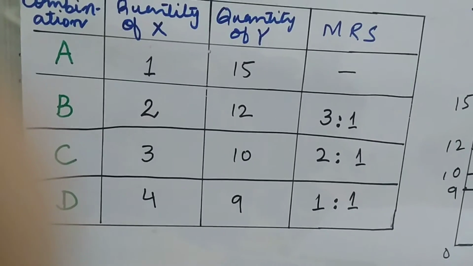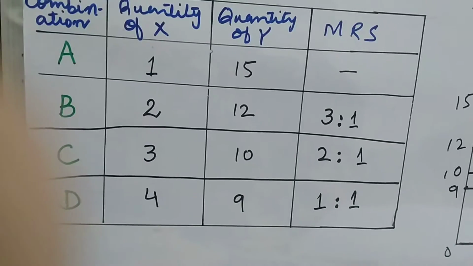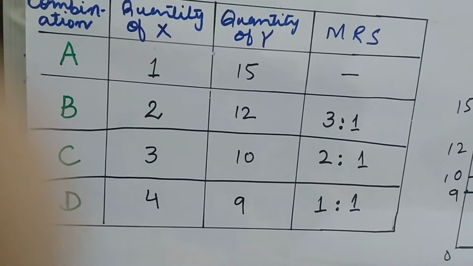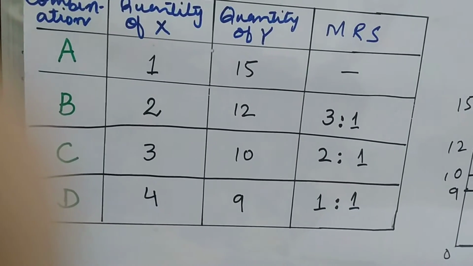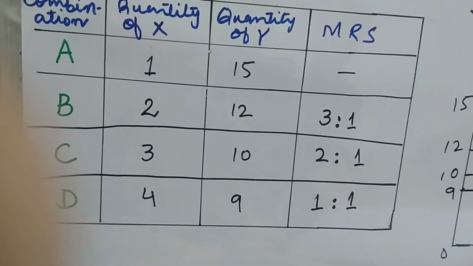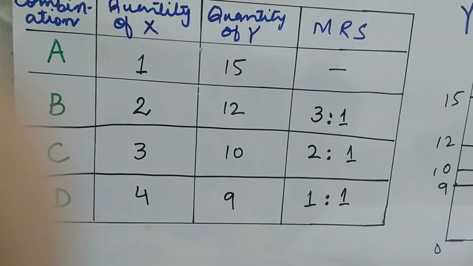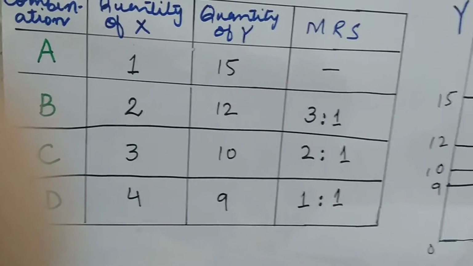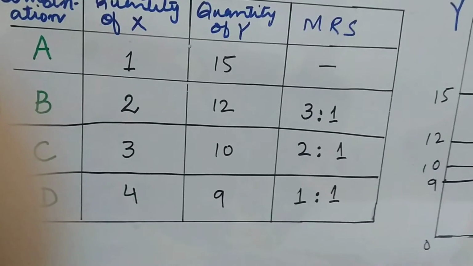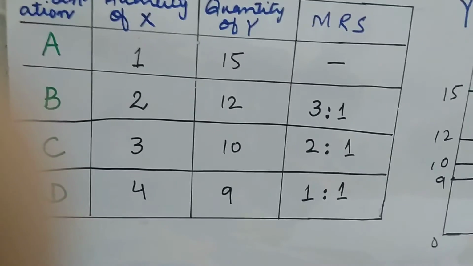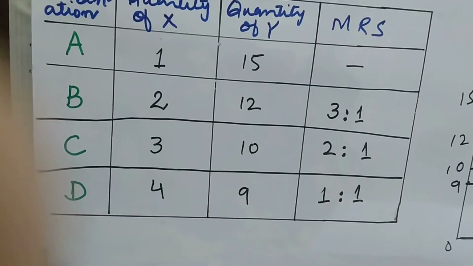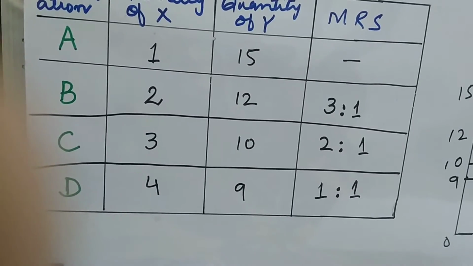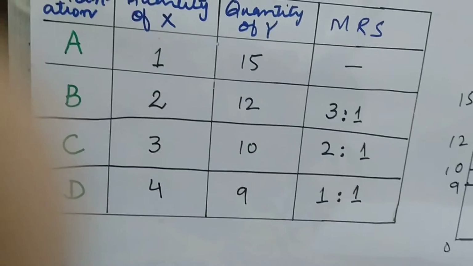When we get an additional unit of apple, we have to sacrifice 3 units of bananas, because the consumer's income is limited, and he has to adjust by reducing the number of bananas that he sacrifices to get an additional unit of apple. For commodity C, to get an additional unit of apple, he has to sacrifice 2 units of bananas.